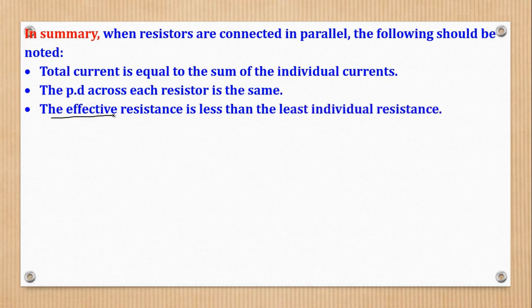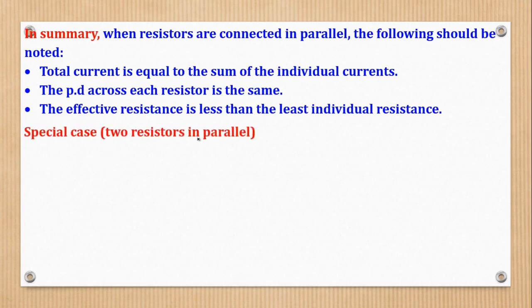The next is that the effective resistance is less than the least individual resistance. So that means that if you calculate and your total resistance is more than the least individual resistance, it implies that there's a mistake in your calculations. The total resistance must be the smallest of all.